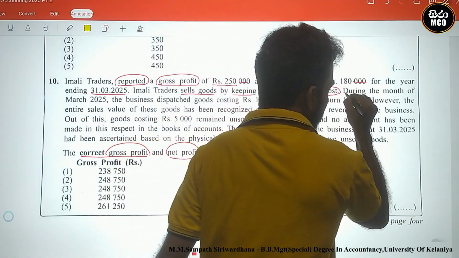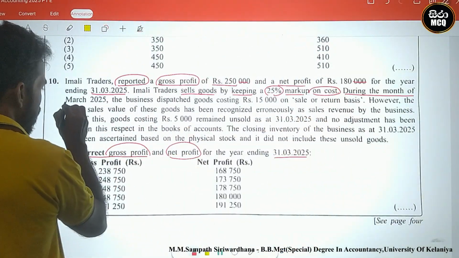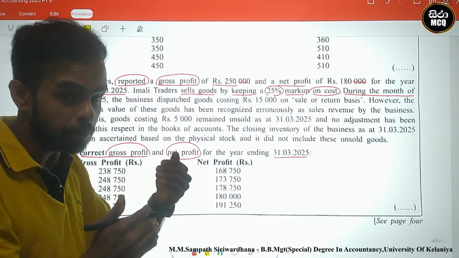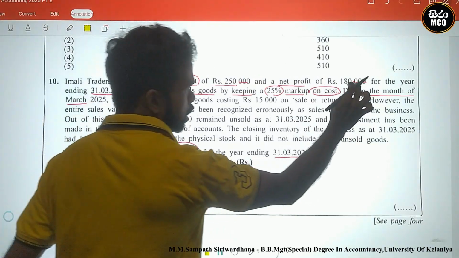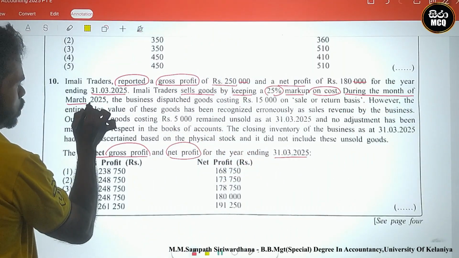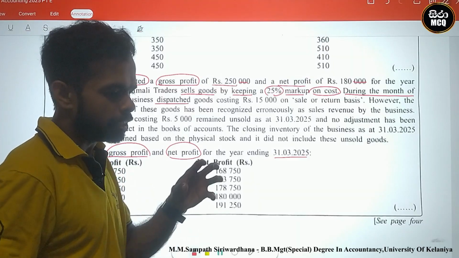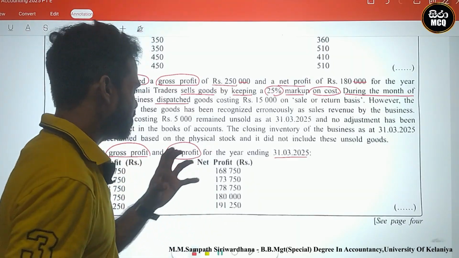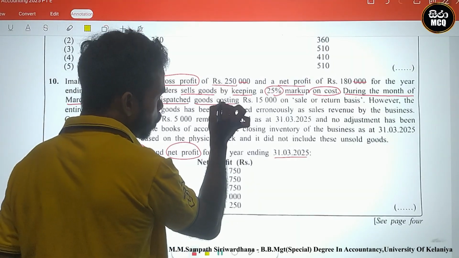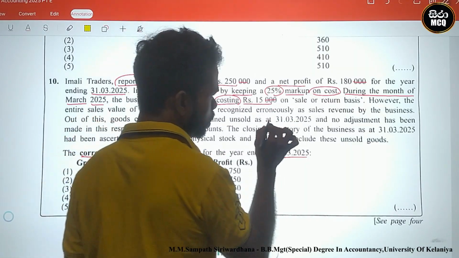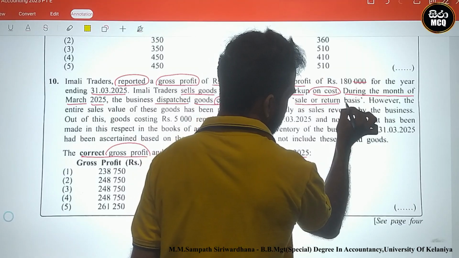During the month of March 2025, which is our period-end month, the business dispatched, meaning issued, goods costing 15,000 on sales or return basis.